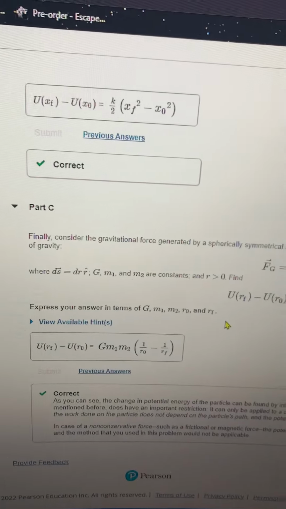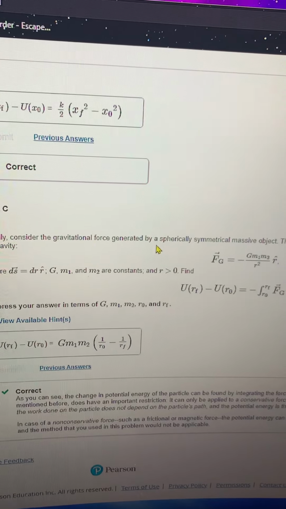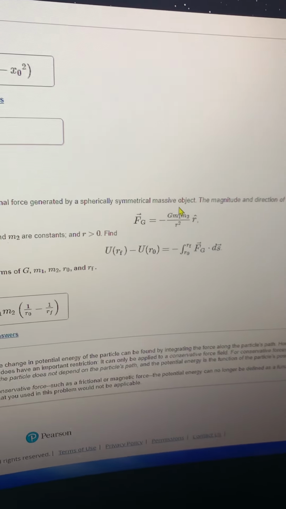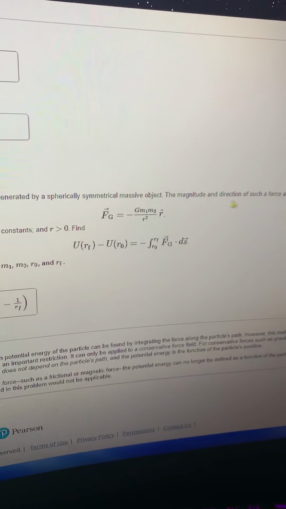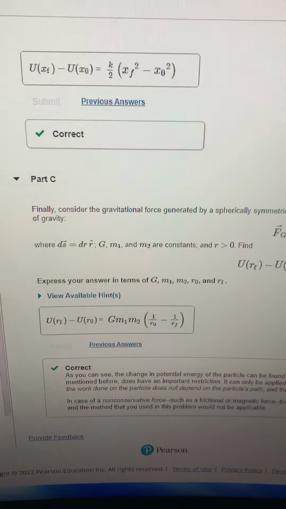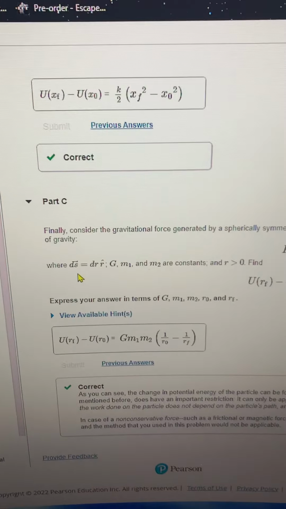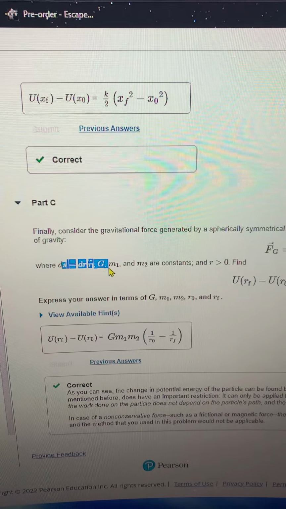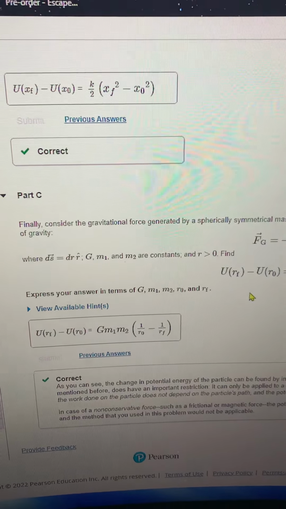Okay, now part C is asking: finally, consider the gravitational forces generated by a spherically symmetrical massive object. The magnitude and direction of such a force are given by Newton's law of gravity, where ds is equal to dr, that. Okay?